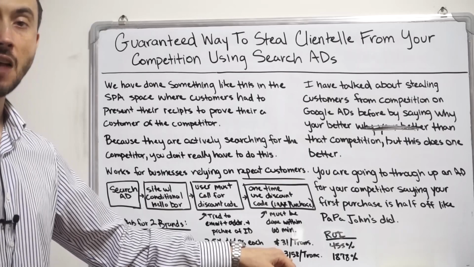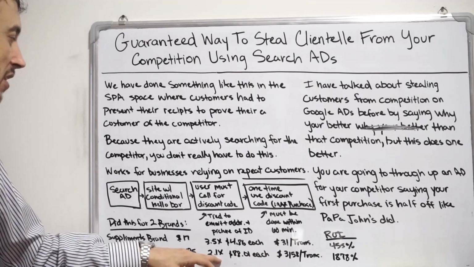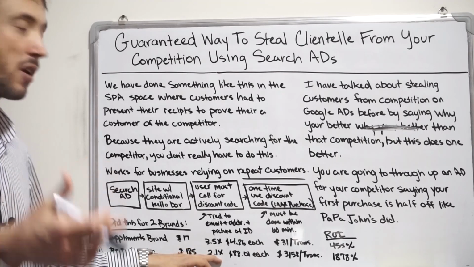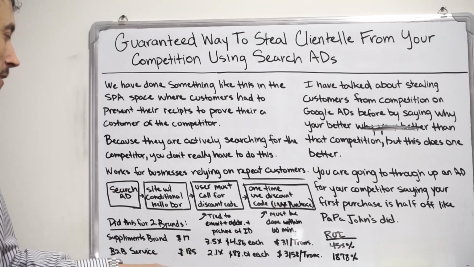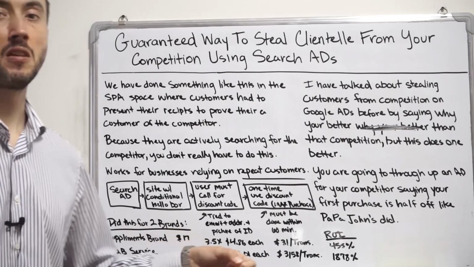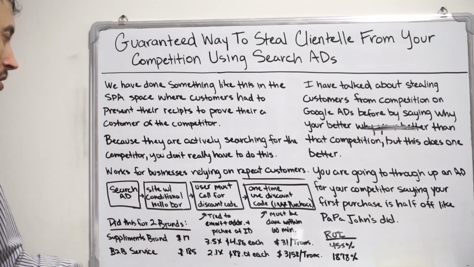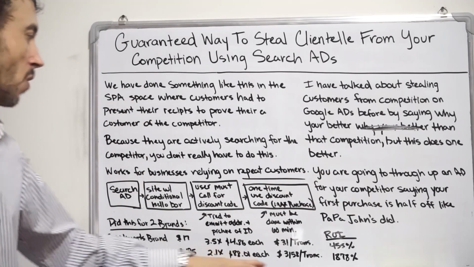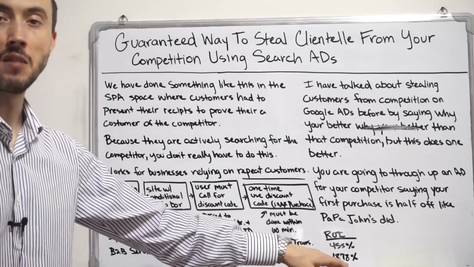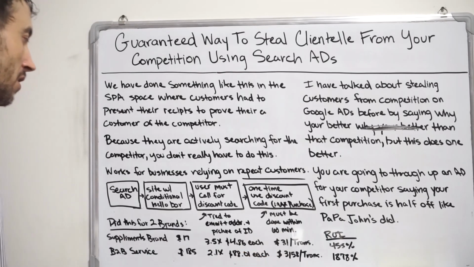So even though they're only dealing with people that come back an average of 2.1 times each, and even though they're paying $185 to get somebody from the competitor to take them up on their half-off offer, the ROI of the campaign ended up being 1,878% because that average transaction size was so great.